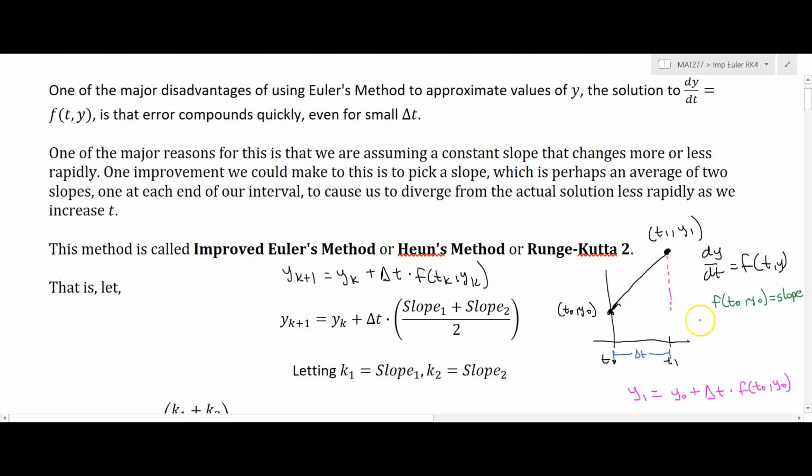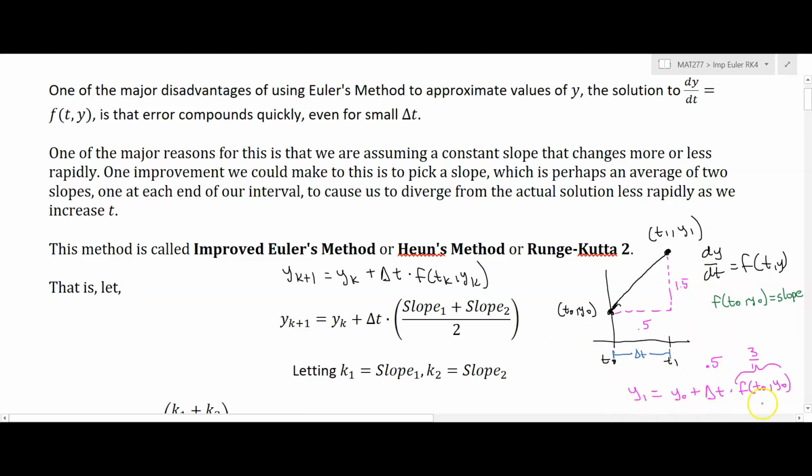If this slope were, as an example, 3, that would mean that for a 1 unit change in t, we would expect a 3 unit change in y. But if our step were only a half, then we would estimate this red part to actually be 1.5, because half of 3 tells you that if this were only half a unit right here, we would only expect half the rate of change increase.